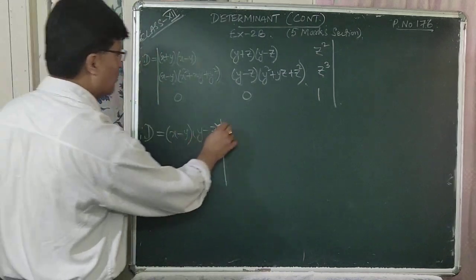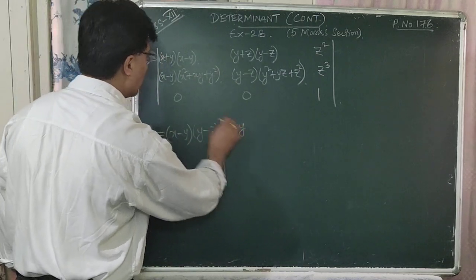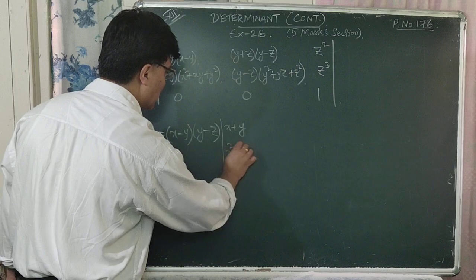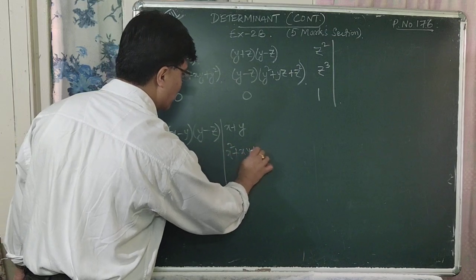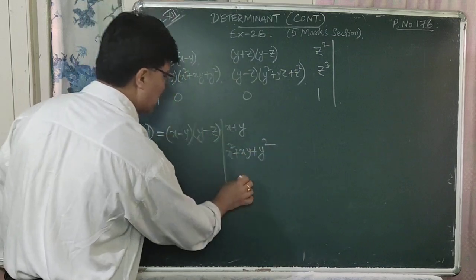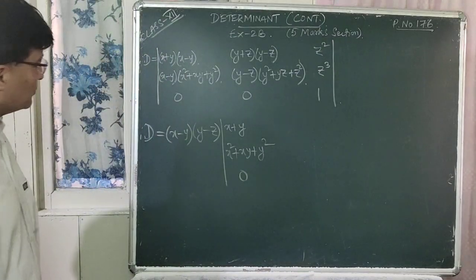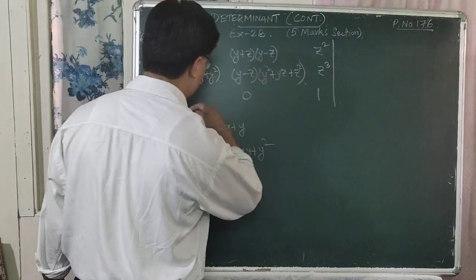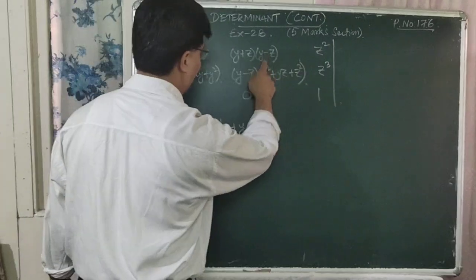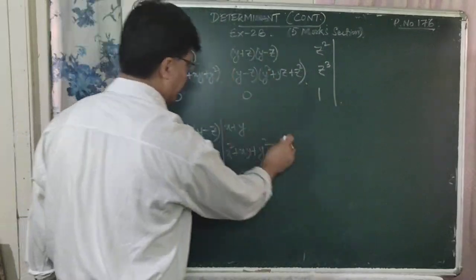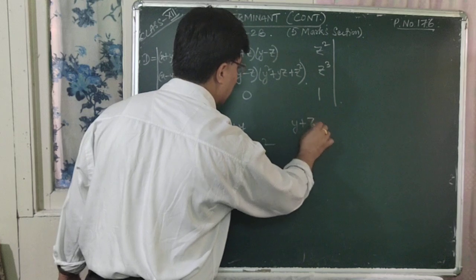Now what is the new first column? This is x plus y, and this one is x square plus xy plus y square, and this is 0, right? Next, what is the new second column? Y minus z is taken common here, so it is y plus z.